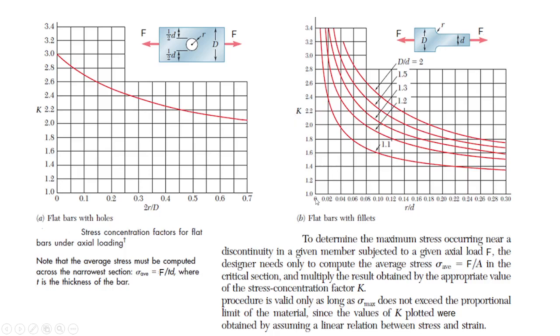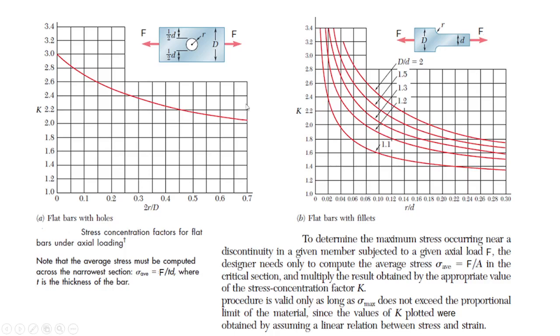We can directly see that if the filleting radius is 0, the interior edge is a sharp edge, and the K factor goes to an infinitely large value. That's why we say a sharp interior edge causes weakness. Thankfully, in practice the radius cannot be 0, but if it were, the stress value would tend to infinity.